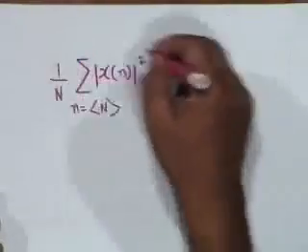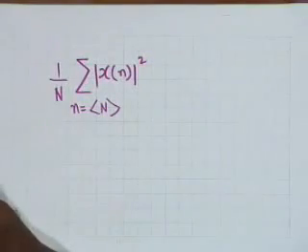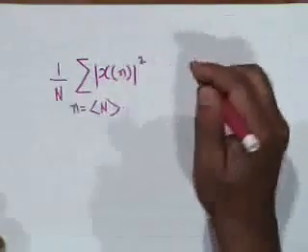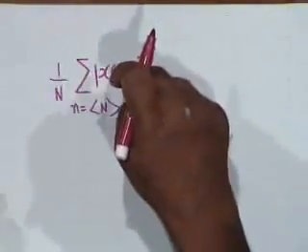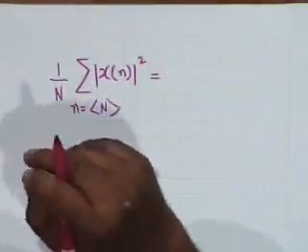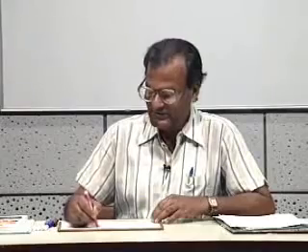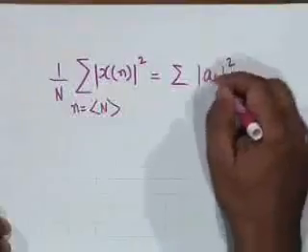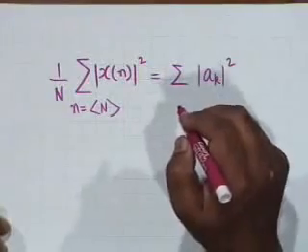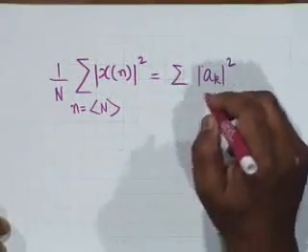If you want the power, then you have to divide by the period. So this is the power in one period of a periodic signal, and this shall be equal to, now will the integral relationship come or something else will come? Summation of the Fourier coefficient magnitude squared, that is |a_k|^2. Now what is the number of terms?